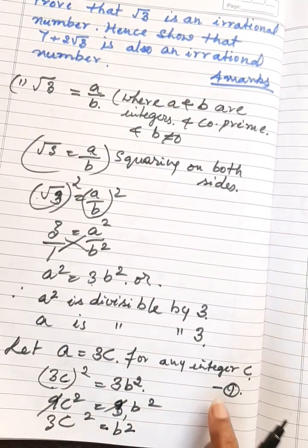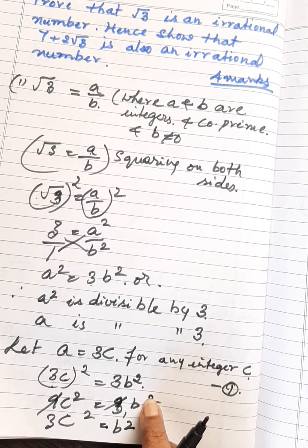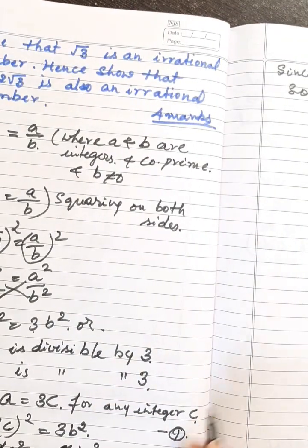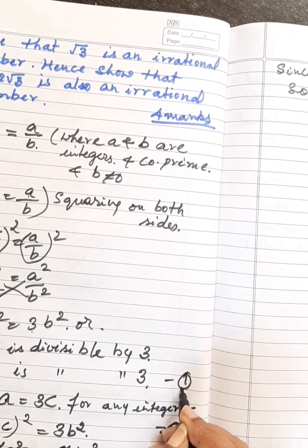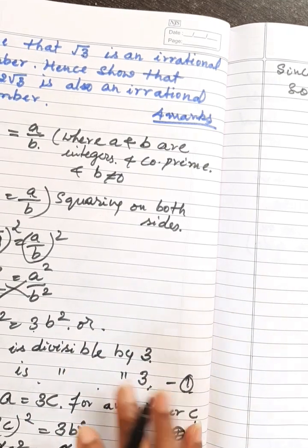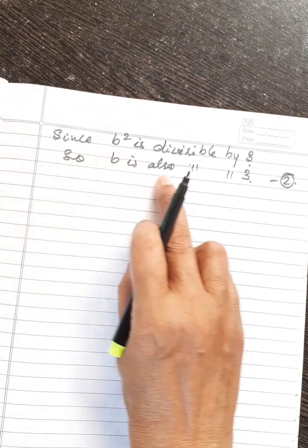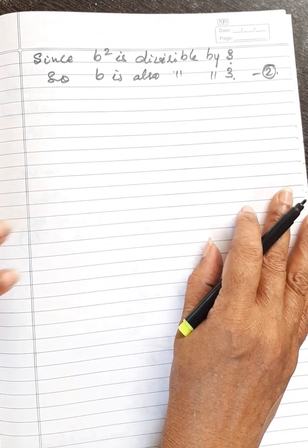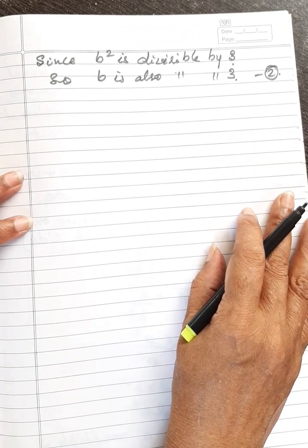Now this is the second equation. In the first equation, A is divisible by 3. Now the second equation is B is also divisible by 3. Now what to write?